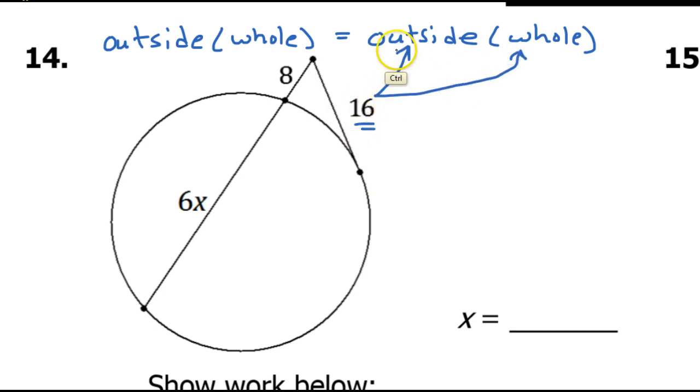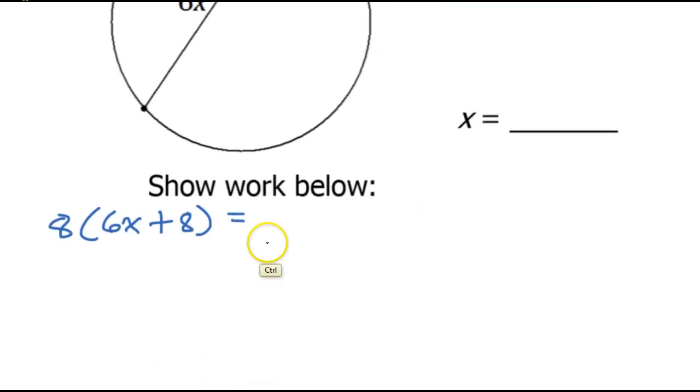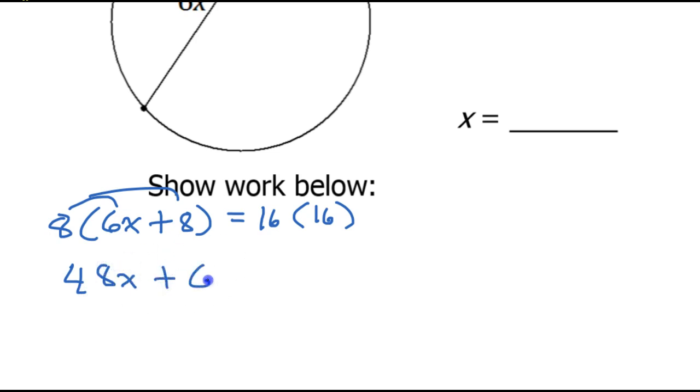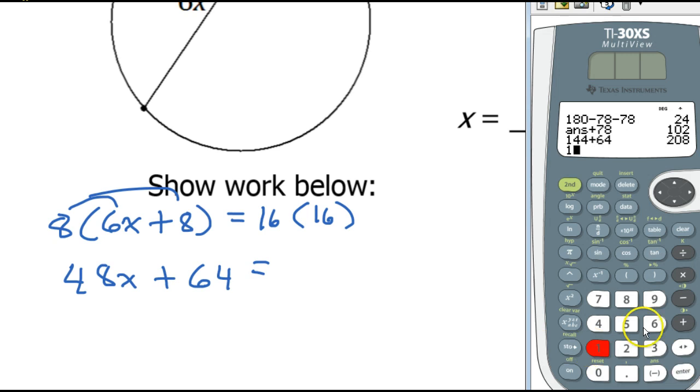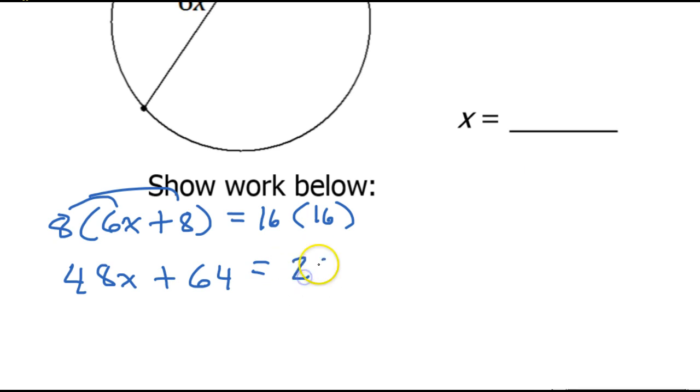So I'm going to wind up writing 16 twice. All right? 16 is the outside, and 16 is also the whole thing. So a little distributive property here is going to give me 48x plus 64 is equal to whatever 16 squared is, 256.